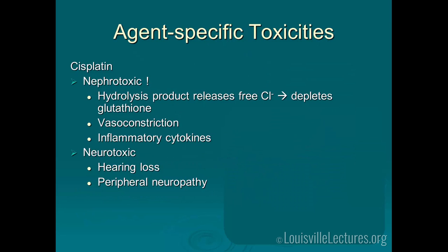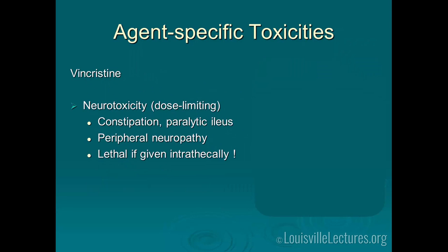So we're almost at the end here, and I'm going to just mention a couple things for each item. Cisplatin is nephrotoxic. That's one thing to know about cisplatin. Vincristine from Vinca is neurotoxic, and if you ever go further into this field or you're on an oncology unit, if you're giving intrathecal chemo, make sure that vincristine is not in your bag.